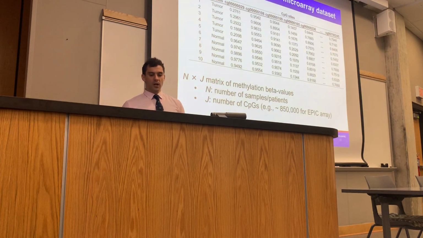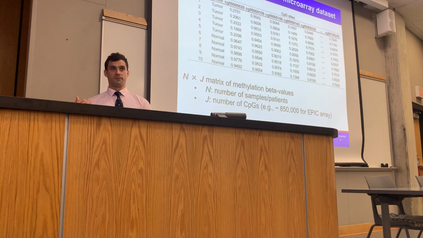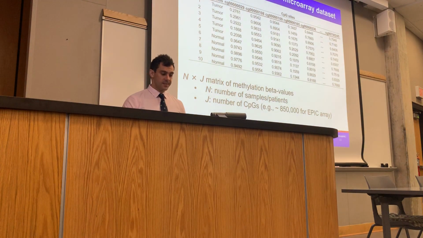So for the more numerically inclined, this is what the data would actually look like in tabular format. What I'm showing here is an excerpt of data from a project that I actually worked on. This project involved comparing DNA methylation between tumor tissue and adjacent normal tissue that were taken from cancer patients.